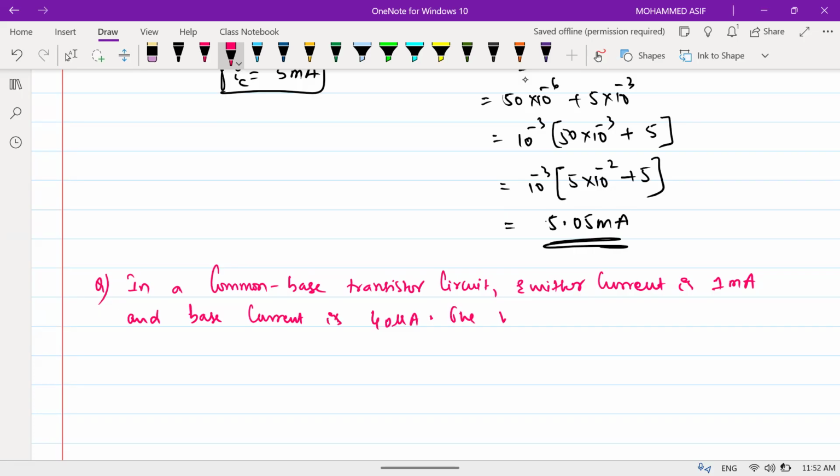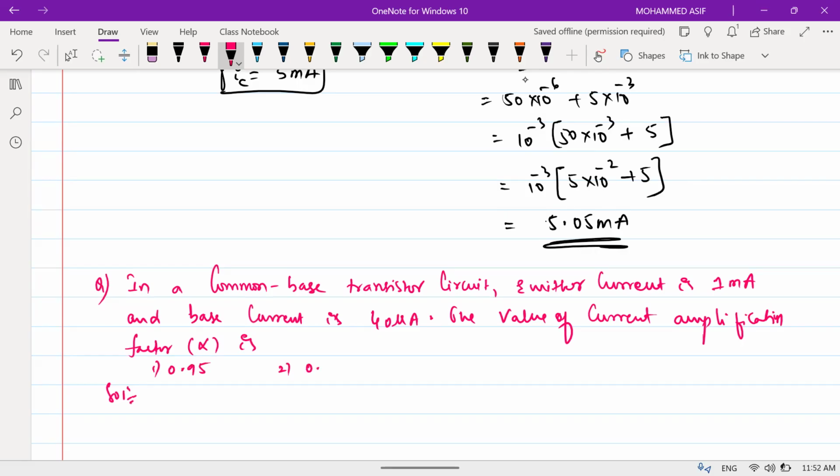The value of current amplification factor alpha is? Options: 0.95, 0.96, 0.98, 0.9.